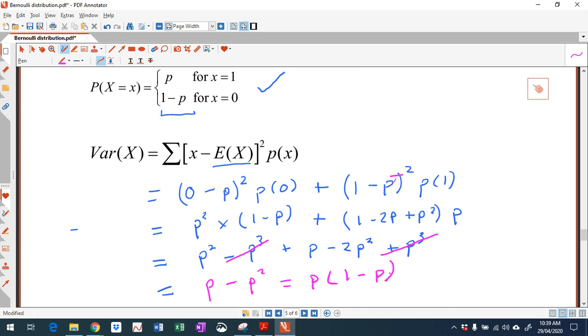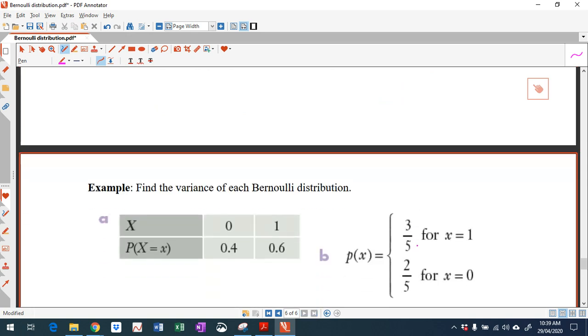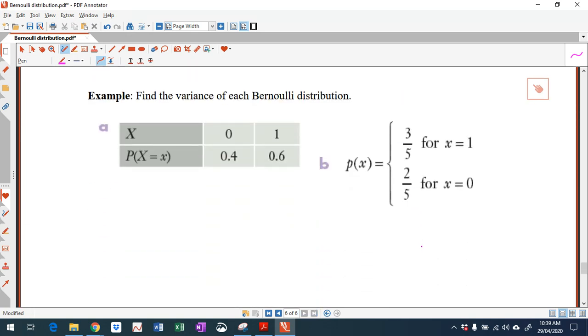Done. So let's have a look at an example involving that result. It says find the variance for each Bernoulli distribution. For the first one, 0.6, that's your success, so p is 0.6.